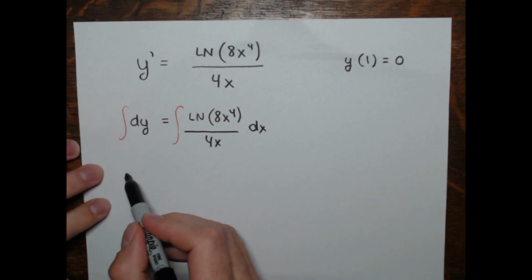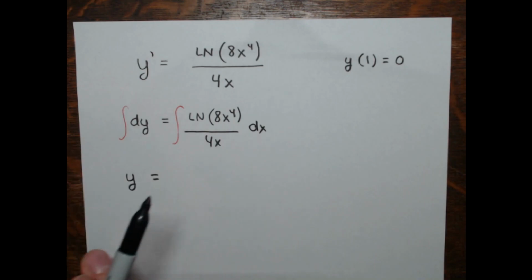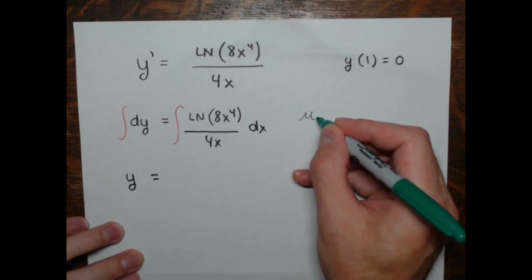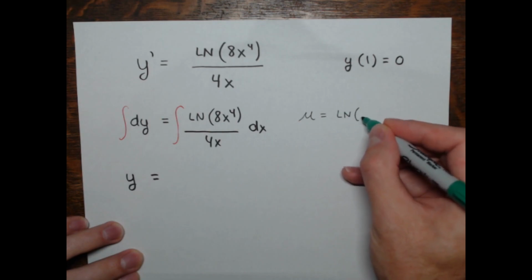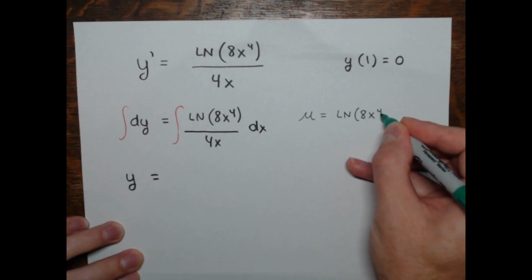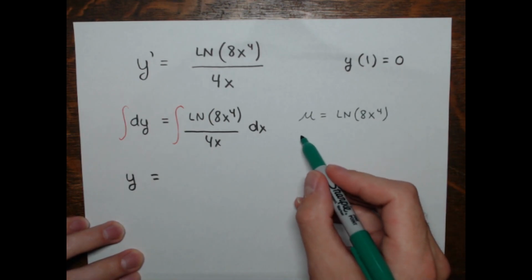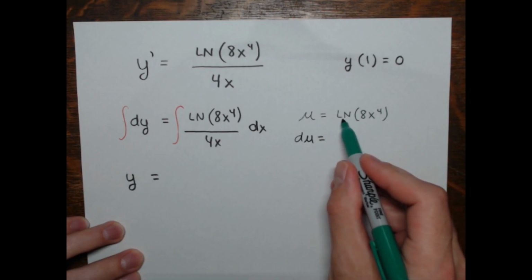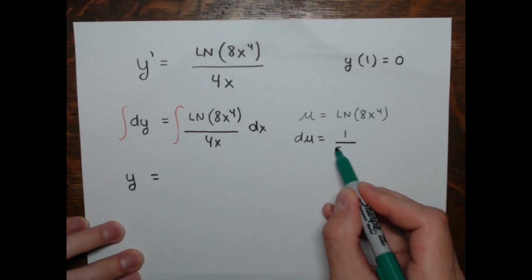Y equals. Now, integrating this, I'm going to do the following u substitution. I'm actually going to have u represent the numerator, the natural log of 8x to the fourth. Again, it's just something I recognize here. Then du would be, remember the derivative of the natural log of something is 1 over that thing, right?